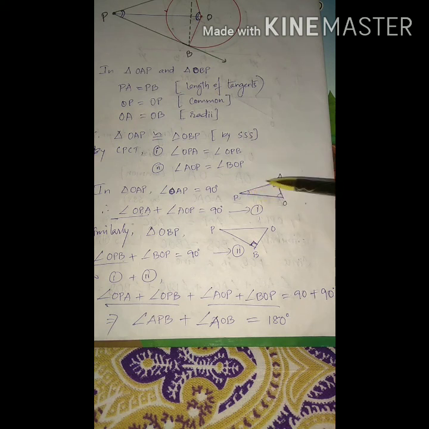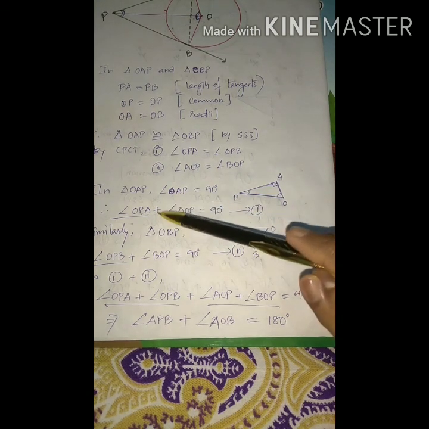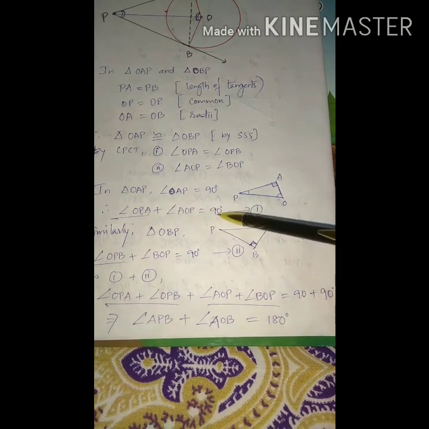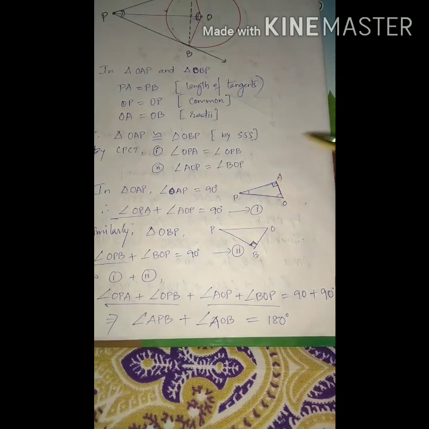Since we know that the sum of these three angles is how much? 180 degree. So if this angle is automatically, here we know 90, then the sum of these two angles are what? 90 degree. So that's why we write this result here. You see OPA plus AOP equals to how much? 90, because we know this angle is 90 degree.